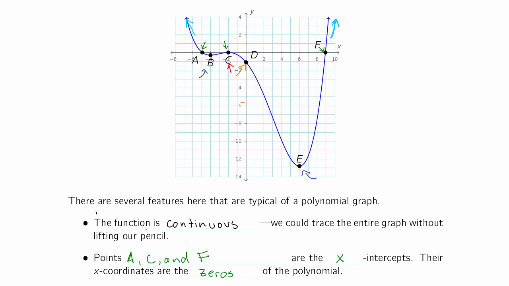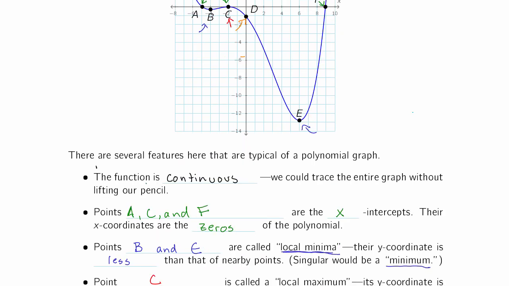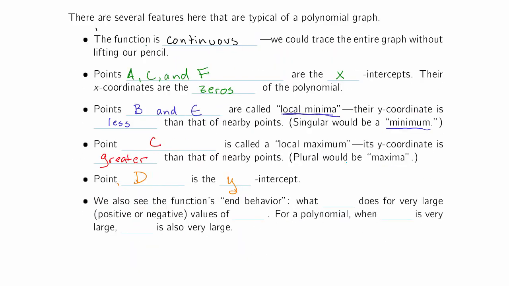We go upward as we go off the graph in either direction. So the end behavior describes what f of x does for very large positive or negative values of x. For a polynomial, when x gets very large, positive or negative, f of x does too.